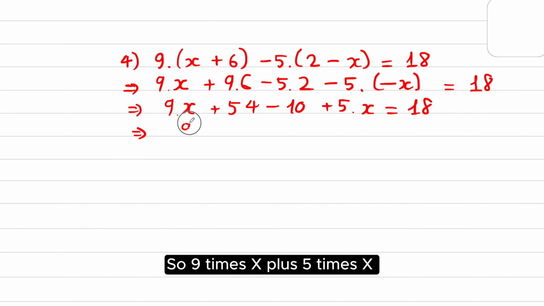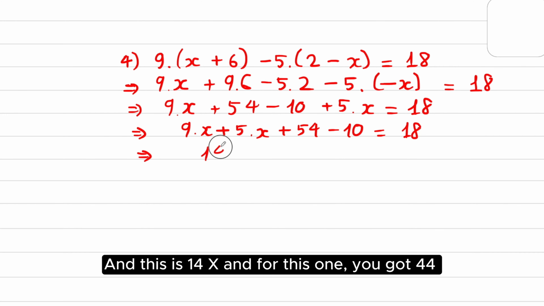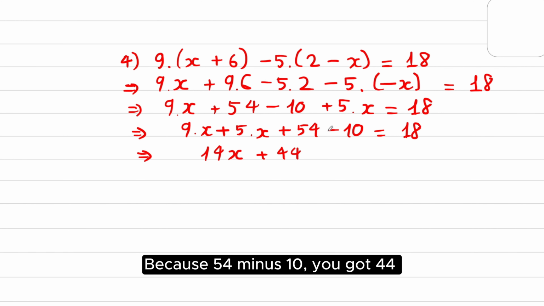Okay, so 9 times x plus 5 times x, and for this one you get plus 54 minus 10 equal to 18, and this is 14x, and for this one you get 44 because 54 minus 10 is 44.